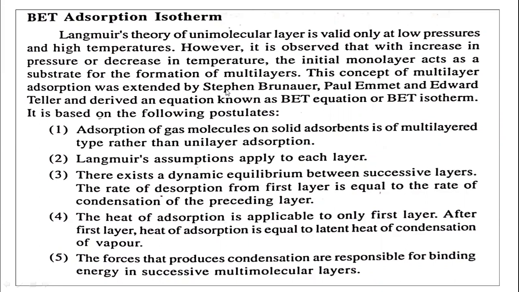Langmuir's adsorption isotherm explains the formation of a unimolecular layer on the surface of the adsorbent at low pressures. Beyond that, the adsorption process cannot take place. But as we increase the pressure or decrease the temperature, the initial monolayer acts as a substrate for the formation of multilayers, and the multilayer formation process takes place there.